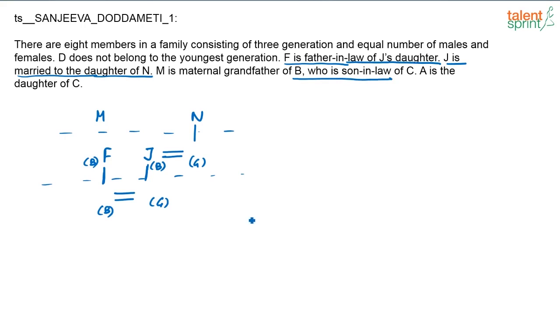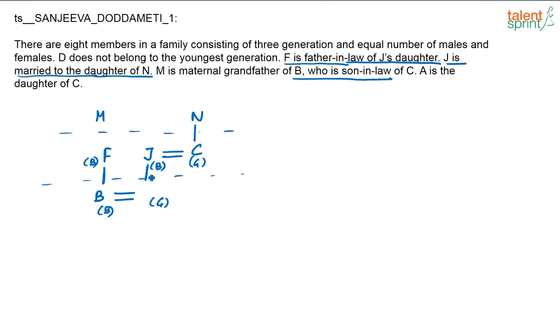So if you see the third generation, there is one male and one female. It is given B is the son-in-law of C. So B has to be a male person. So which can be B? Obviously this has to be B. And it is given B is the son-in-law of C. So which has to be C? This has to be C.